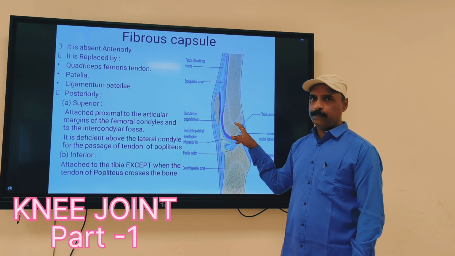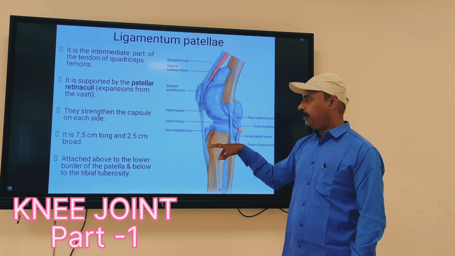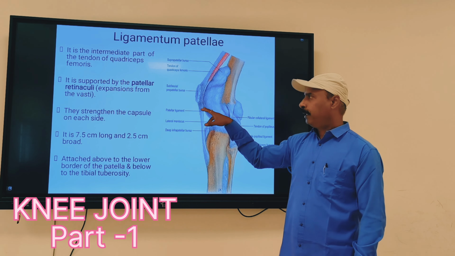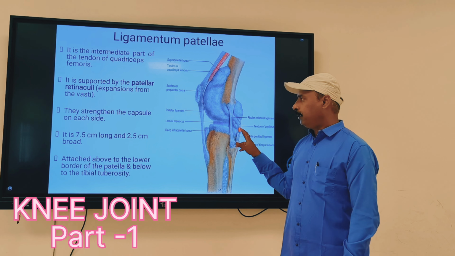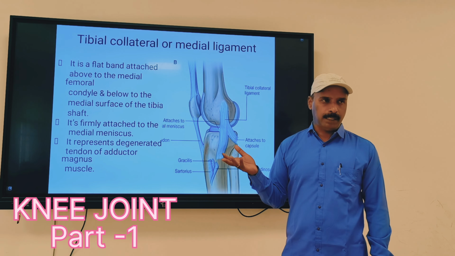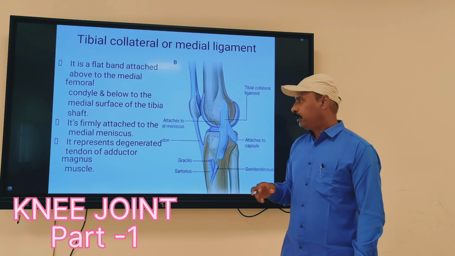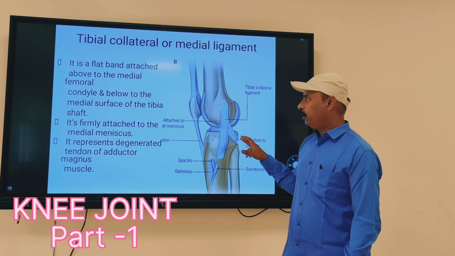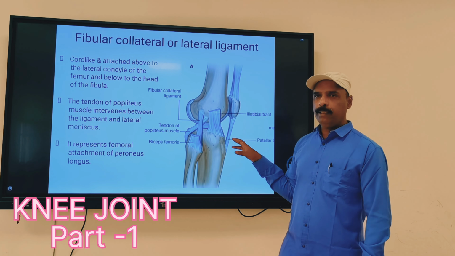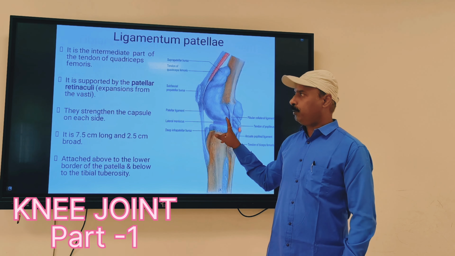This is the fibrous capsule; if you don't know this it is okay, but you should be able to draw the ligamentum patellae. Then we have the tibial collateral ligament and fibular collateral ligament, and the cruciate ligament at least you should know. This is what you have to know about the ligaments of the knee joint.